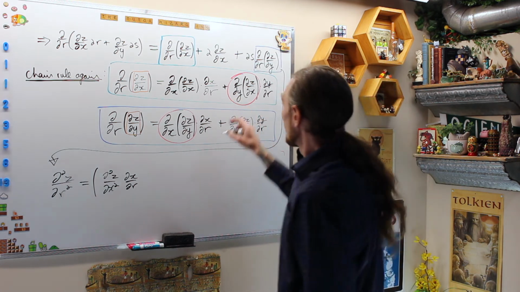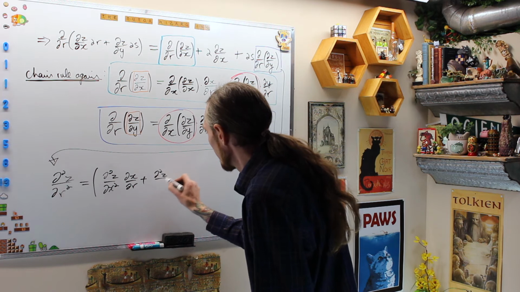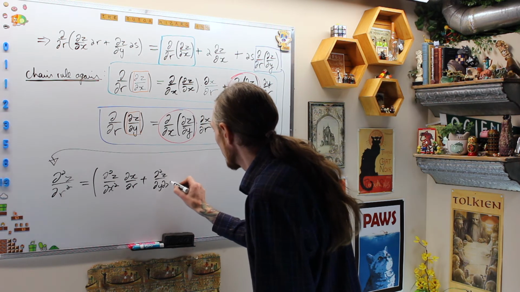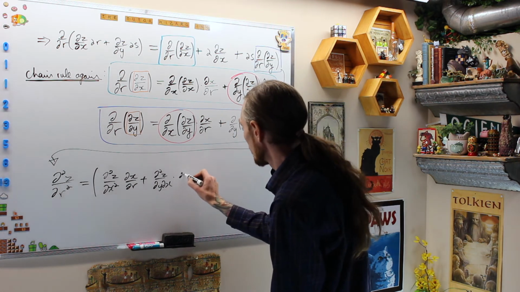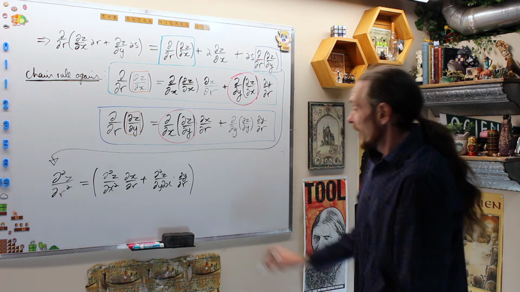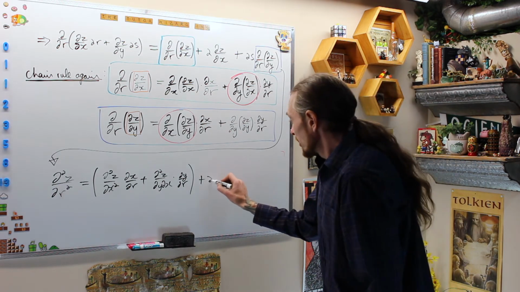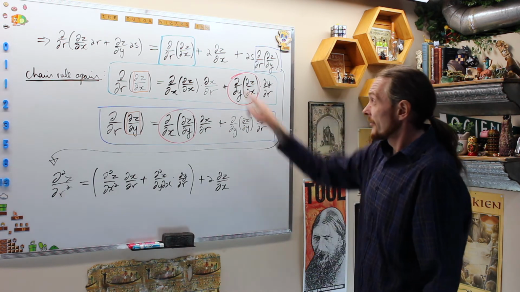Then I have plus the partial squared of z dy dx, which is equal to this one also. And that one is multiplied by the partial of y with respect to r. And then I have plus 2 times the partial of z with respect to x, that guy.